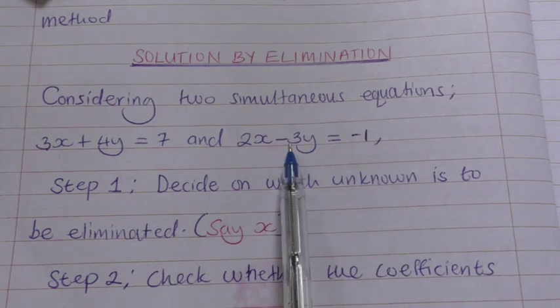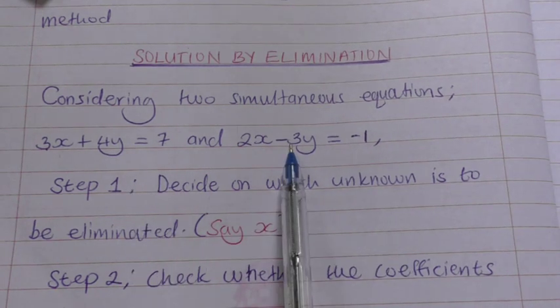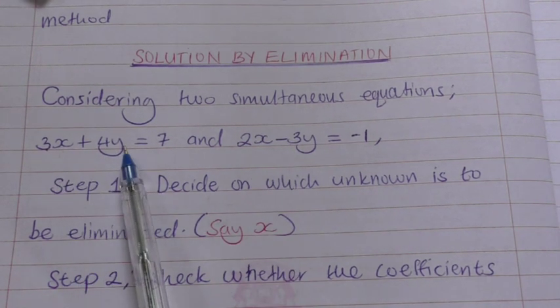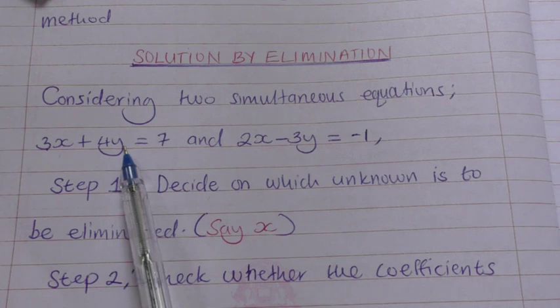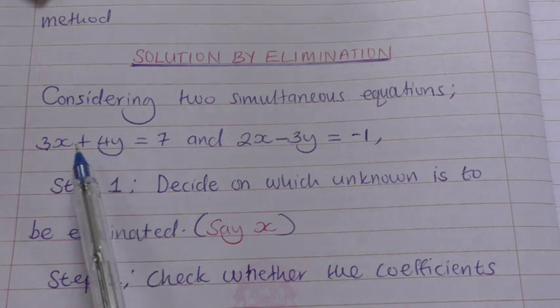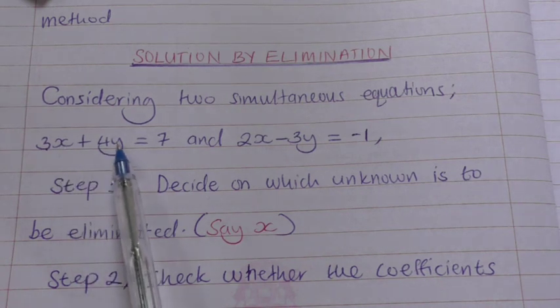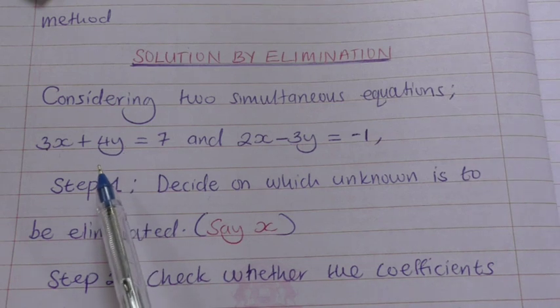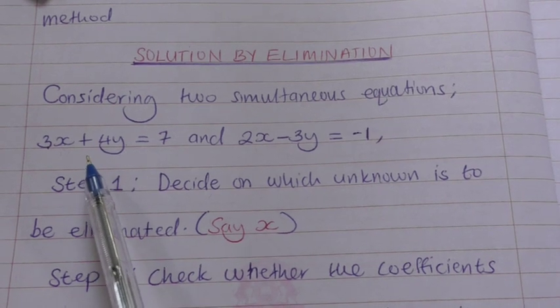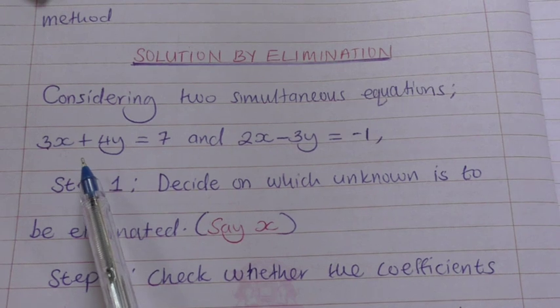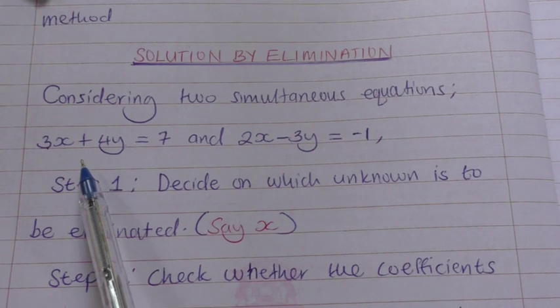So these are the two equations that we are to solve, and they have two unknowns, and that means that solving these two equations is finding the values of the unknowns, that is x and y. Once we find the values of x and y, we would have solved the two equations. So these are the simple steps.